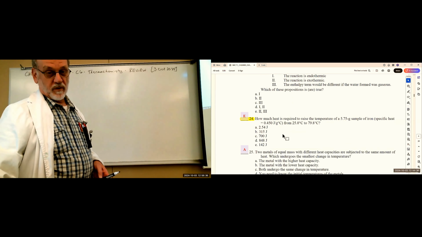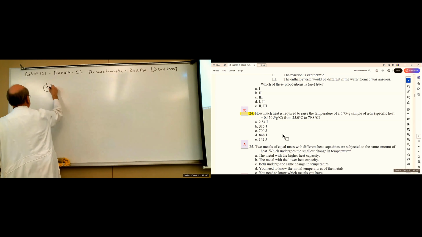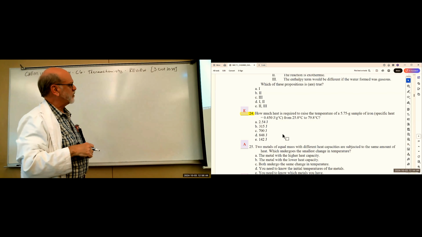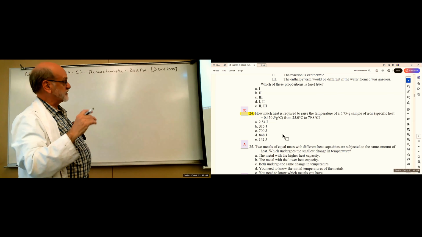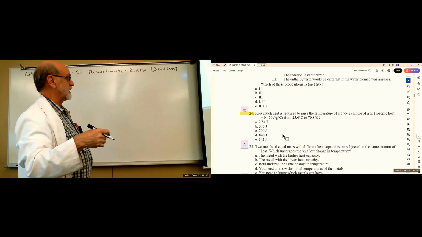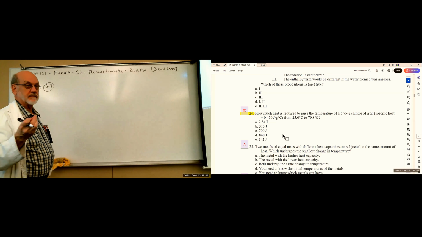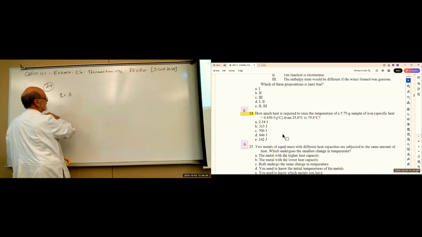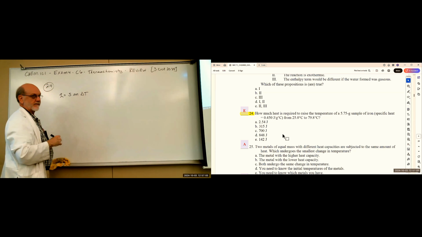All right, 24. How much heat is required to raise the temperature of a 5.75 gram sample of iron with that specific heat from 25 to 78? Okay. Here, all we need is the simple equation of Q equals specific heat times the mass times the change in temperature.